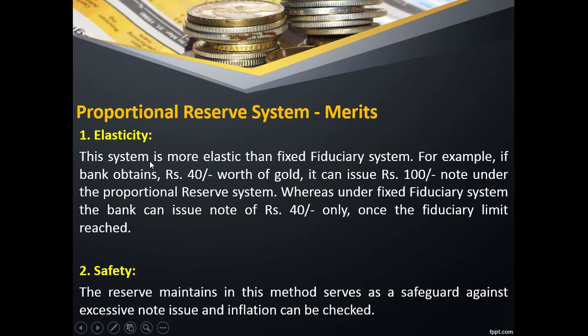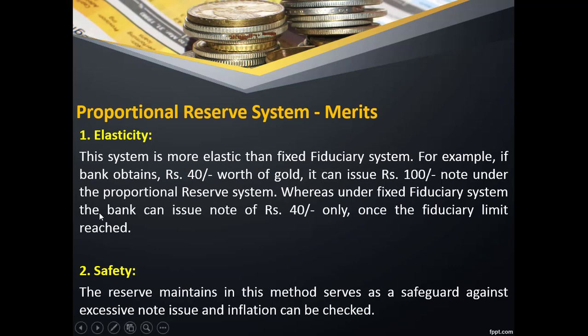Yes, as we discussed, it is very elastic compared to fixed fiduciary because this system is adopted by the modern world. At the time of need, yes, you can print more currency notes because the proportion is 30 to 40%.